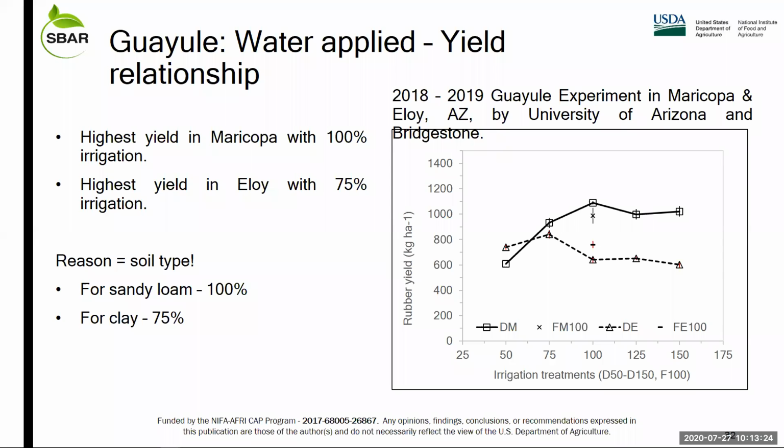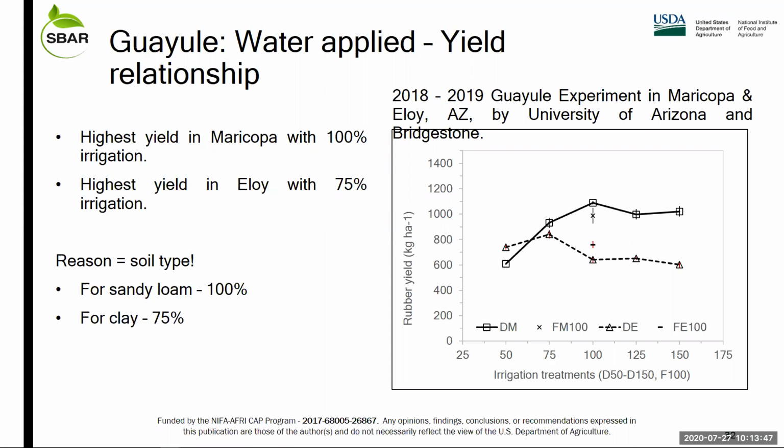If you see, the solid black line is drip irrigation from Maricopa, and the dotted black line is drip irrigation at Eloy. If you just look at the highest point of both lines, we have the highest yield at Maricopa, the solid black line, at 100% of irrigation.